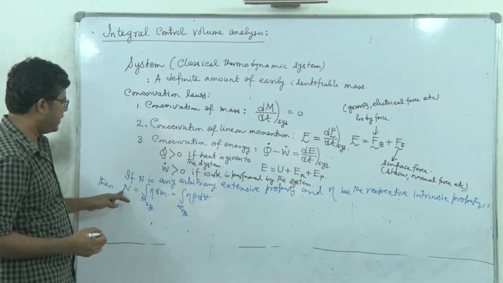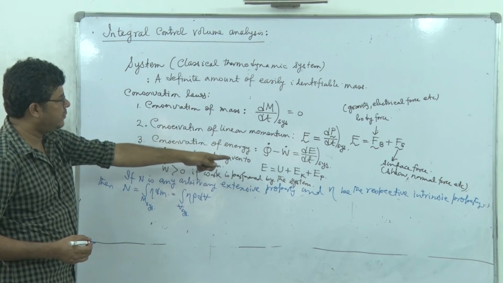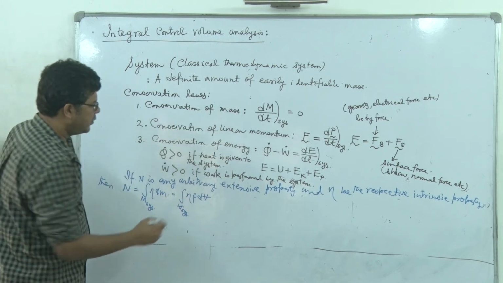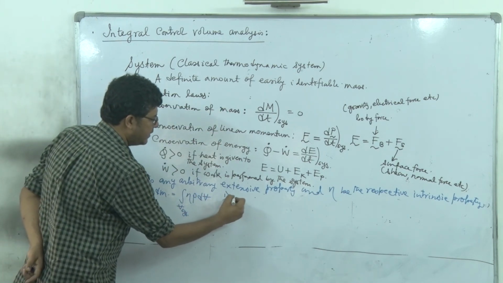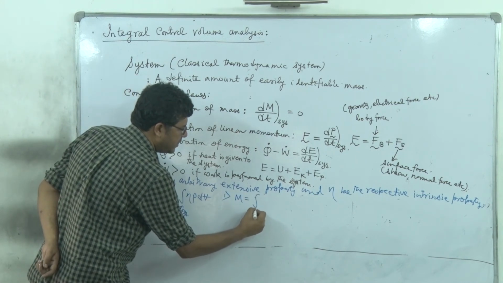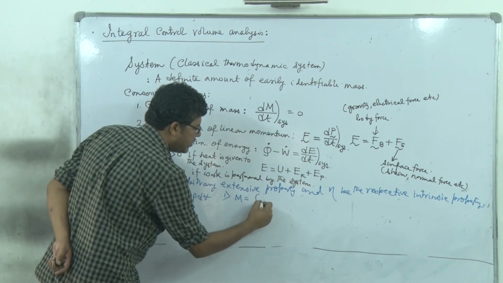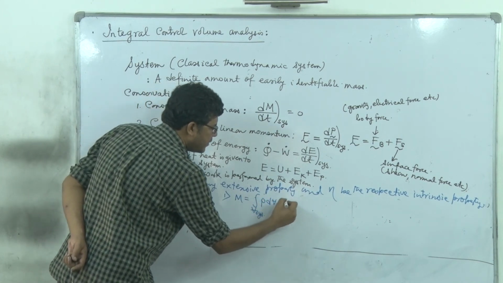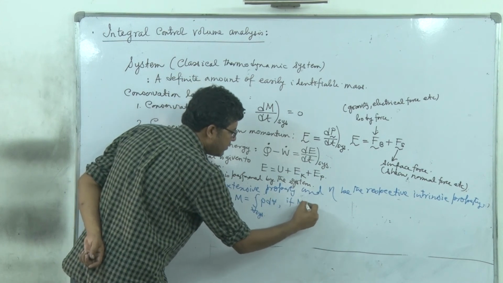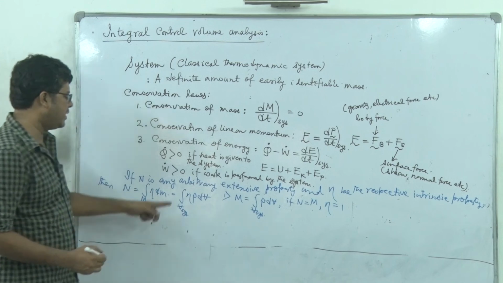So n is the extensive property, eta is an intrinsic property. Now what are the extensive properties here? M. So first case, M, the total mass of the system. It's the integration over volume of the system, simply rho dV. So if n is equal to m, eta is equal to 1, according to our notation used here.